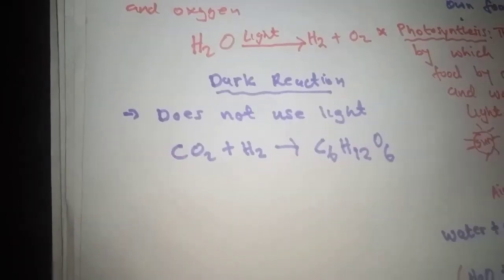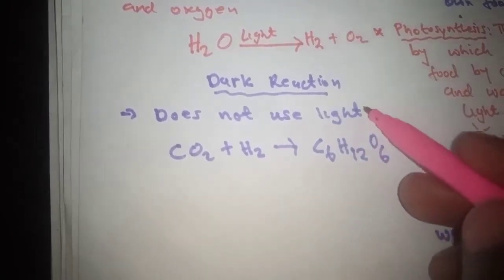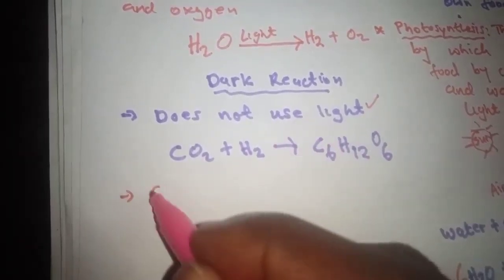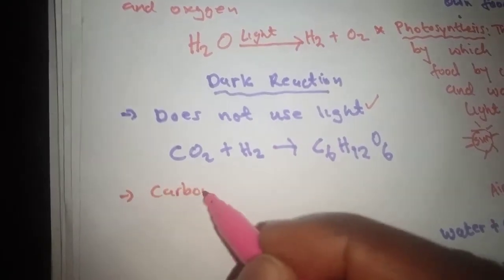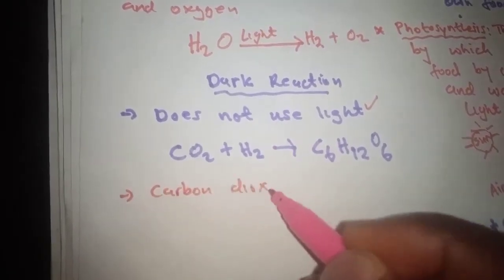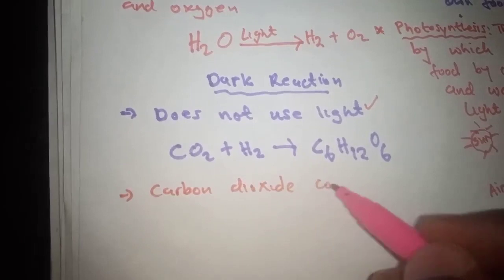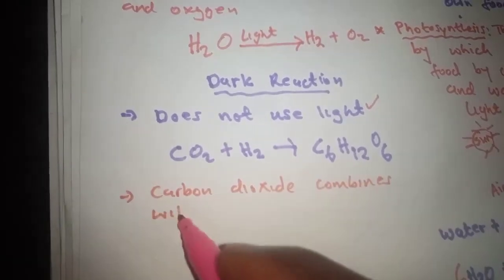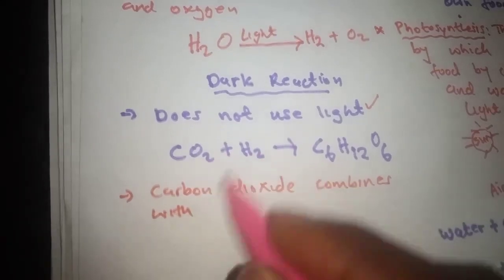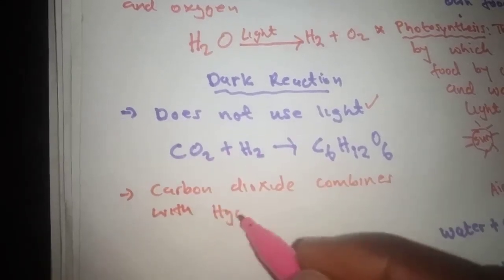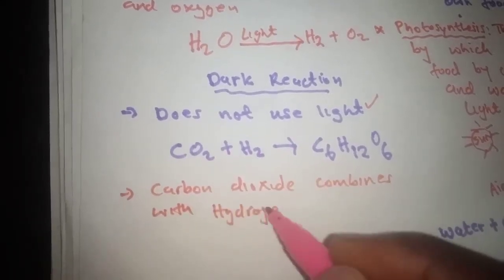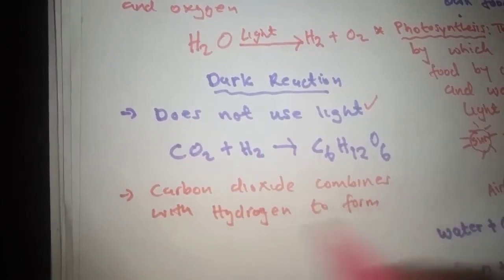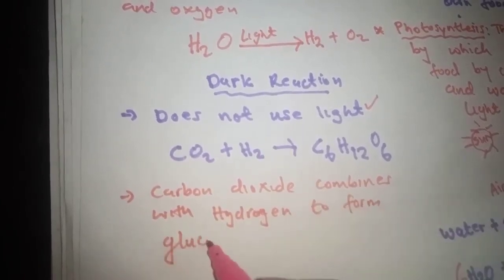So during the dark reaction, light is not involved, and what happens is simply that carbon dioxide combines with hydrogen to form glucose.